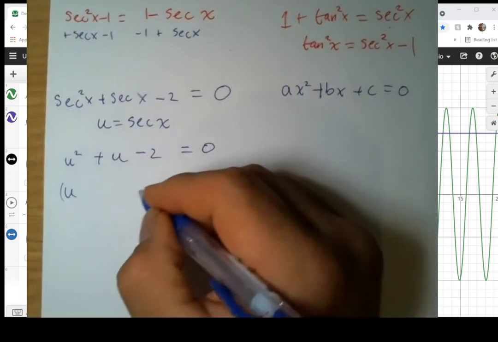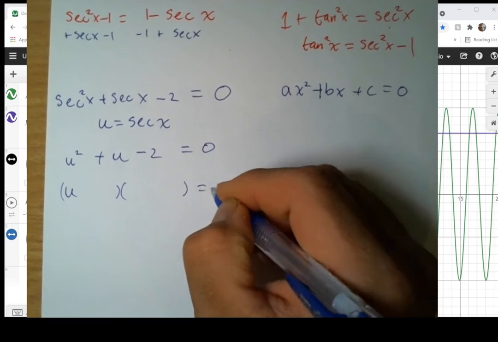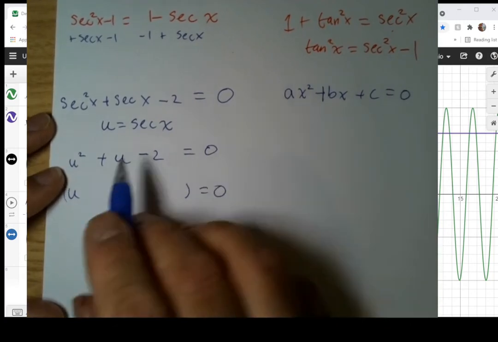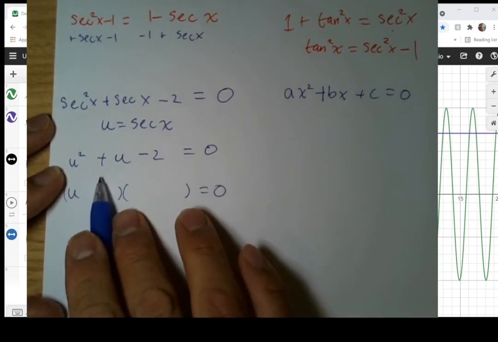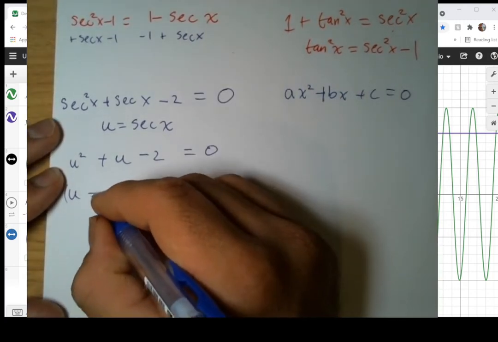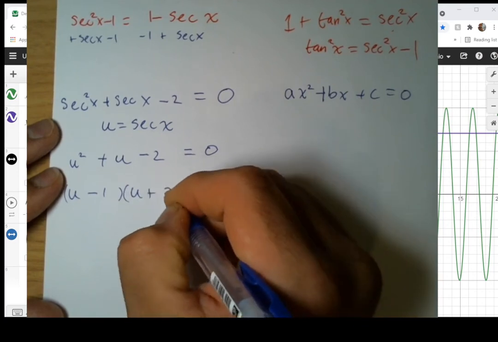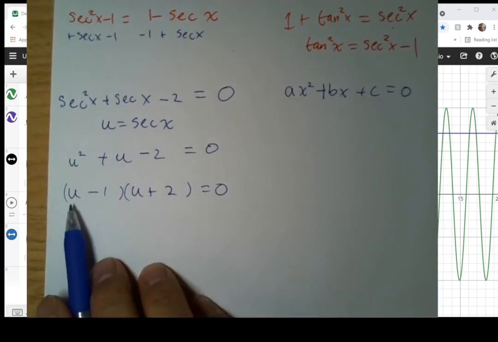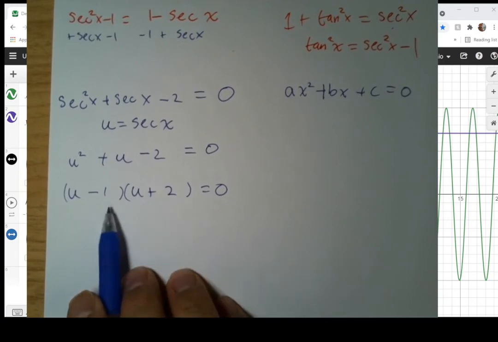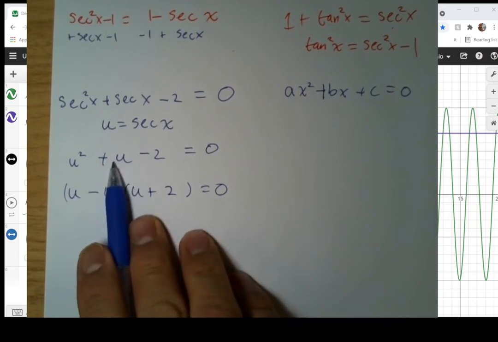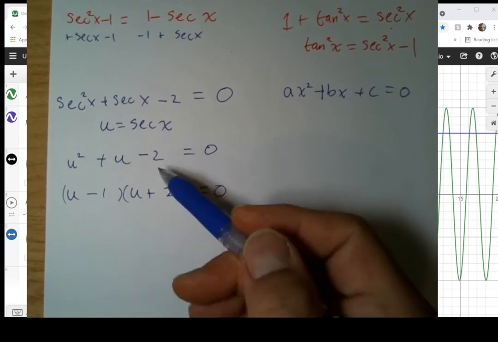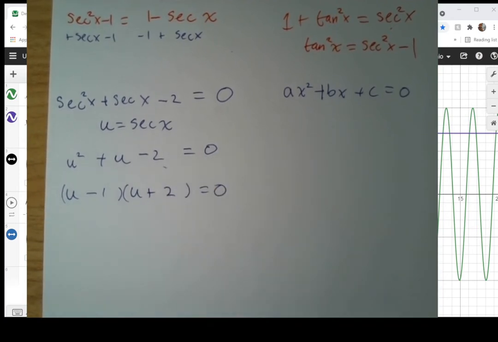As long as it's possible, of course. Sometimes we can't factor and we need to make use of the quadratic formula. But here, we need factors that multiply to negative 2 and add to 1. I think this should do it: u squared, the outer term is 2u minus u, gives me a positive u, and the last term is negative 1 times 2, negative 2.